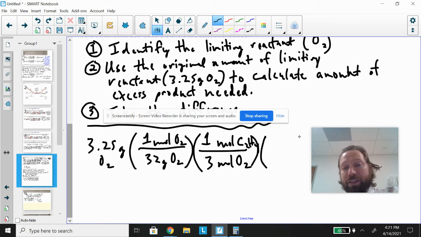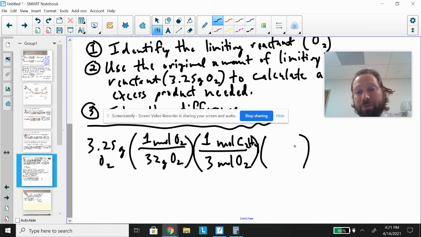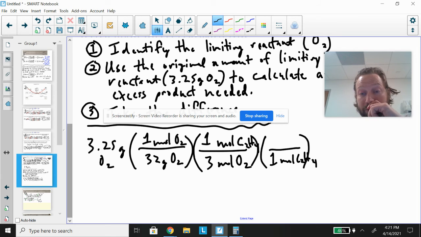And last but not least, I'm going to figure out my grams. I have 1 mole of C2H4, and in 1 mole of C2H4 I have 12 times 2 plus 4, 28 grams of C2H4.